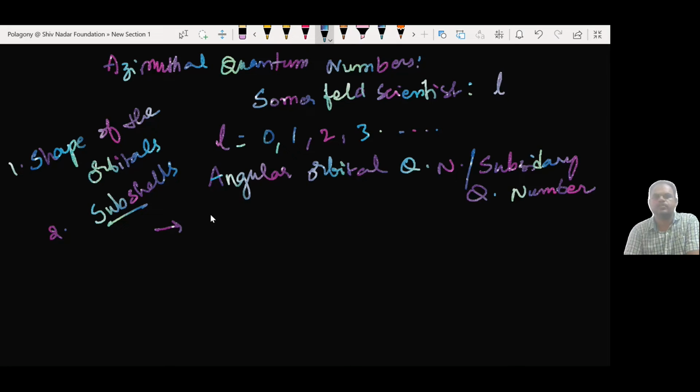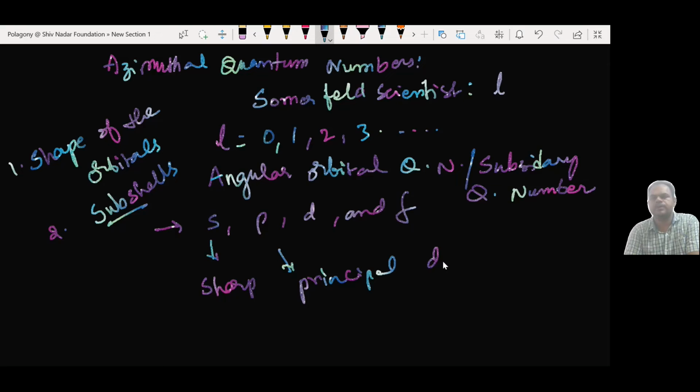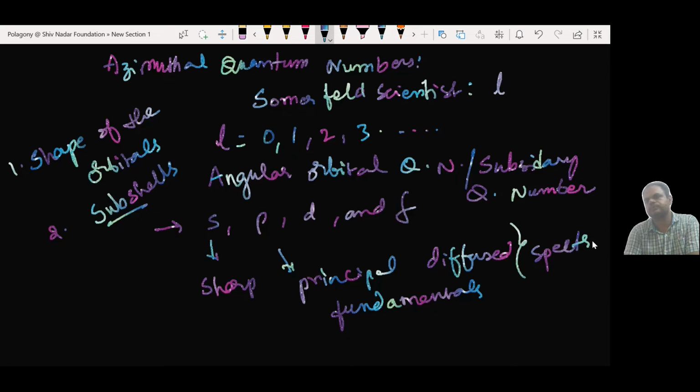These subshells are S, P, D, and F. S means sharp, P means principal, D means diffused, and F means fundamental. These names have been taken from the spectrum of atoms.